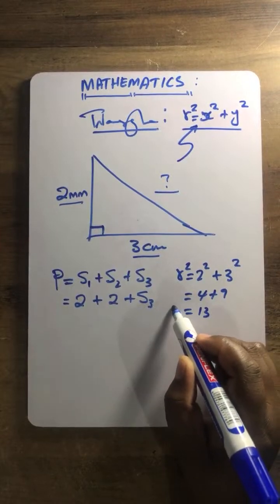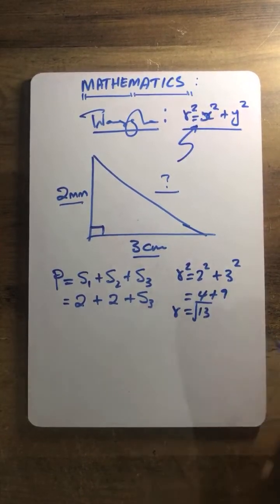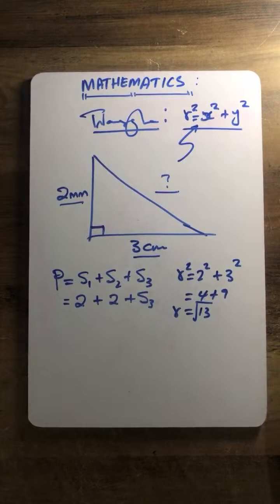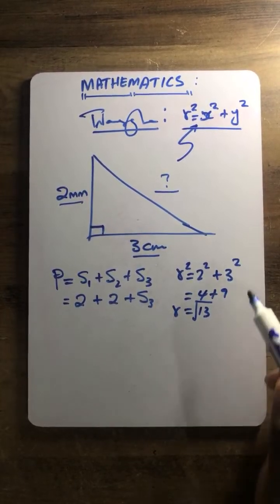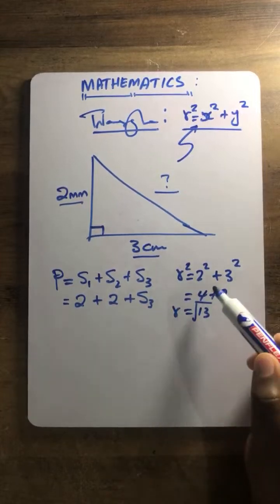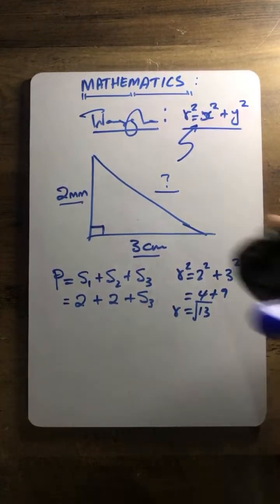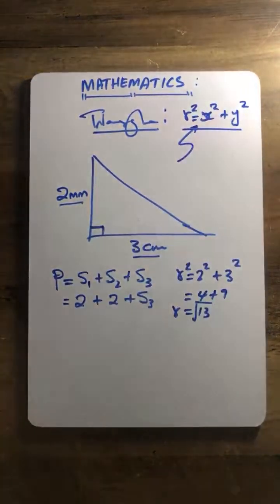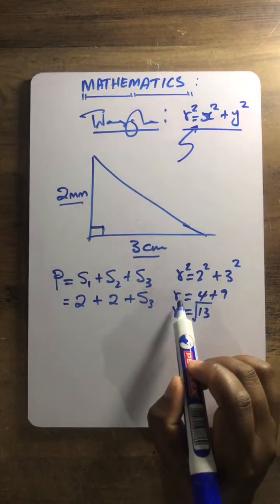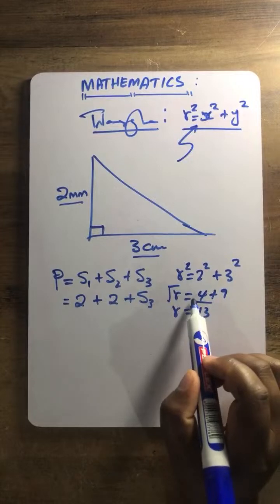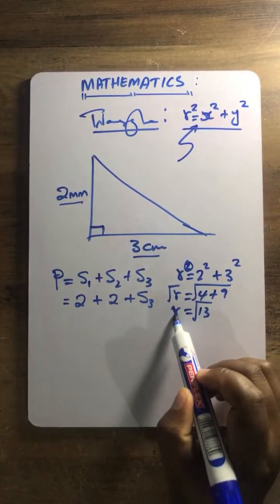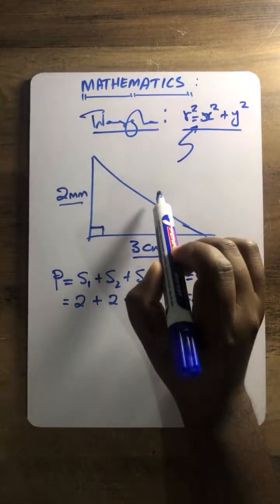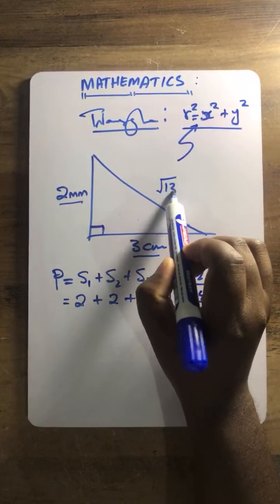So the unknown side squared is 13, it is actually the square root of 13. So can you guys see, at this stage, we are not really training you on how to use that formula. An assumption is that you do know how to work it out. Just in case you did not know, when you get to that stage, you need to square root both sides to remove that squared so that you remain with the side. So that means this side is the square root of 13.